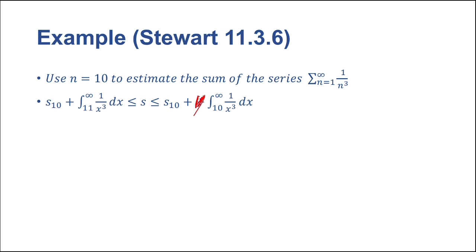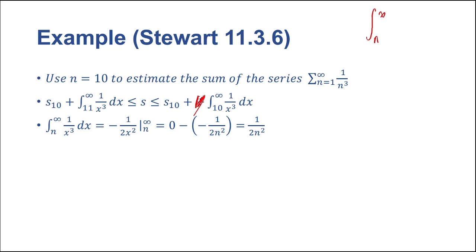Let's tackle this integral, which is going to be very easy, but we're going to do it between n and infinity, because we have both 10 and 11 down there. It's easier if we get an expression for n, then we can plug it in both places.